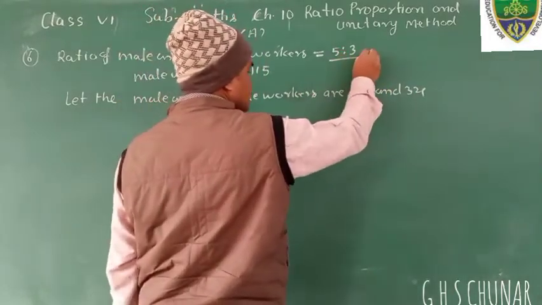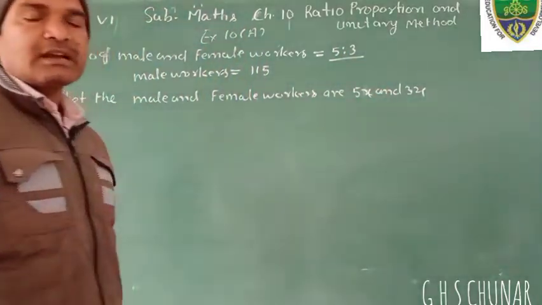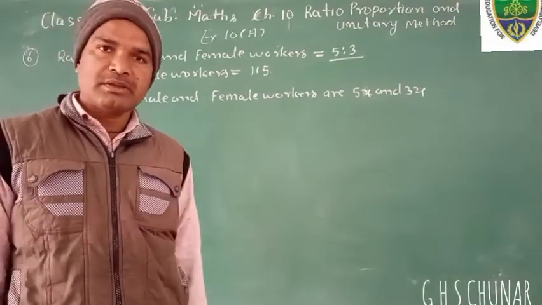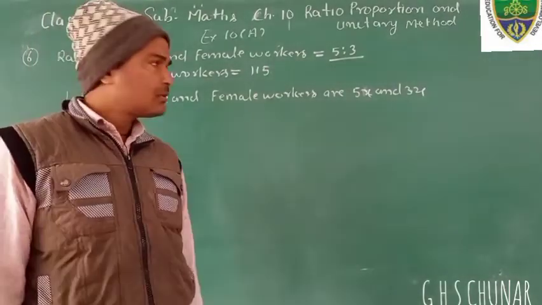Ratio is 5 and ratio 3. So we will suppose that there are 5x workers male and 3x workers female.